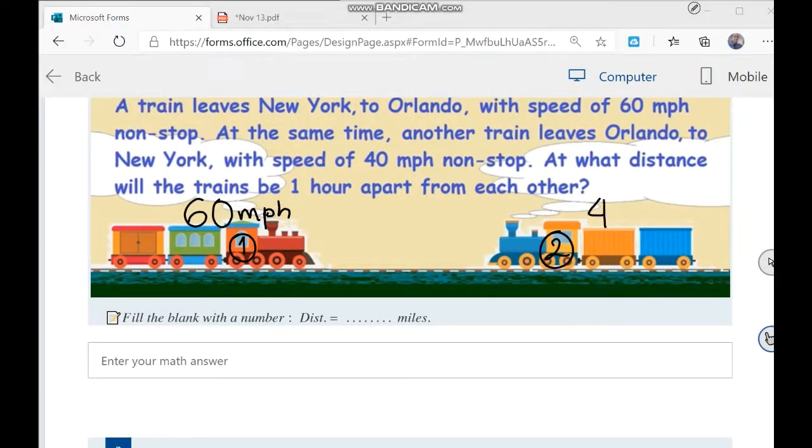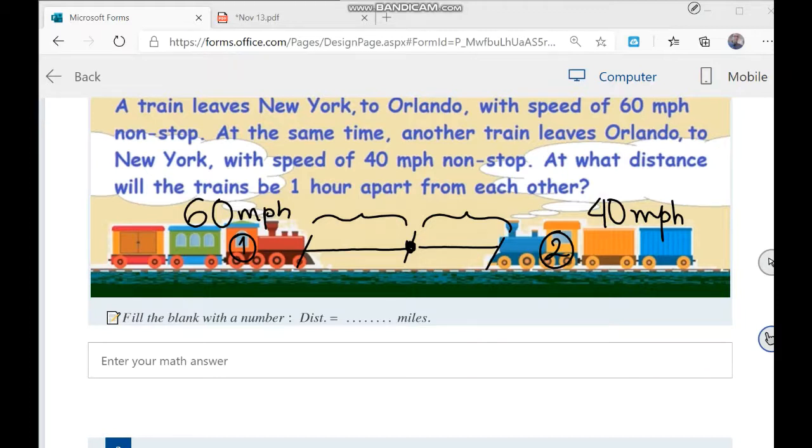One train is going 60 miles per hour, the other is 40 miles per hour. They are going towards each other and they're going to meet at some point. Let's say they're going to meet here. Train number 1 is going to travel this distance in 1 hour. Train number 2 is going to travel this distance in 1 hour.